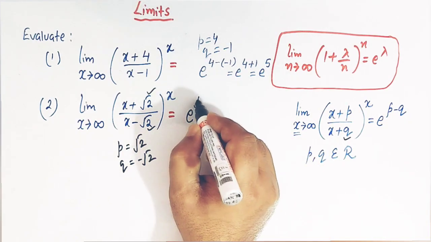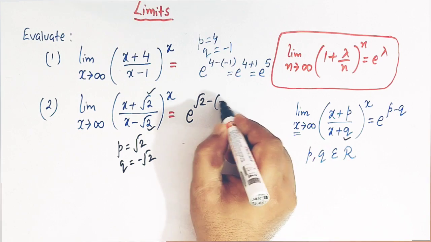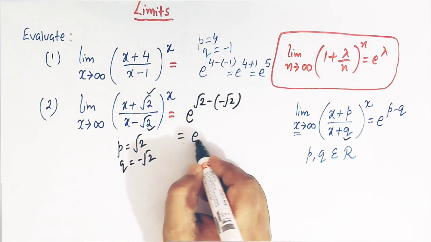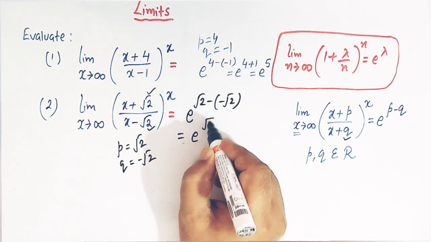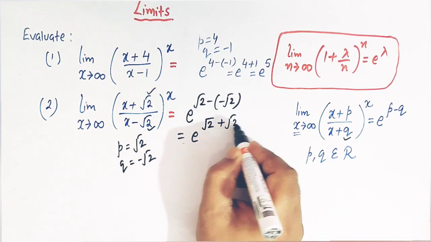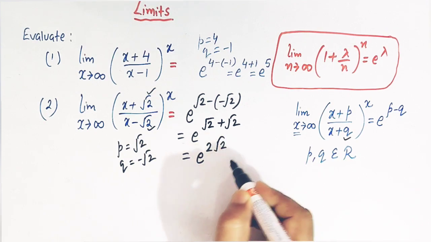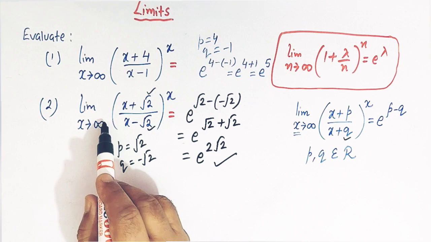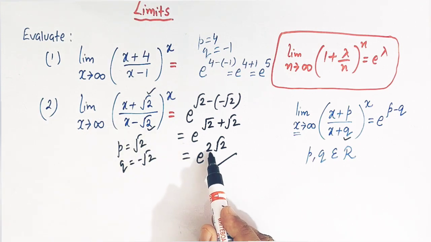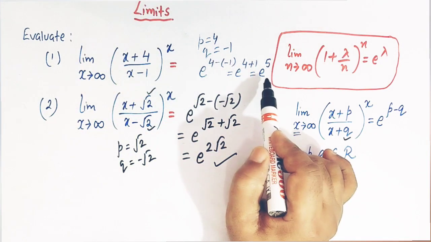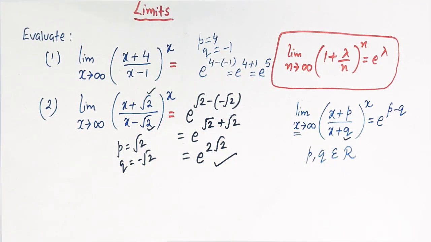So p is root 2 minus, here we have minus square root of 2. So this is e raised to root 2 plus root 2, and this is e raised to 2 times square root of 2. So the value of this limit is e raised to 2 times square root of 2. The value of the other limit is e raised to 5.